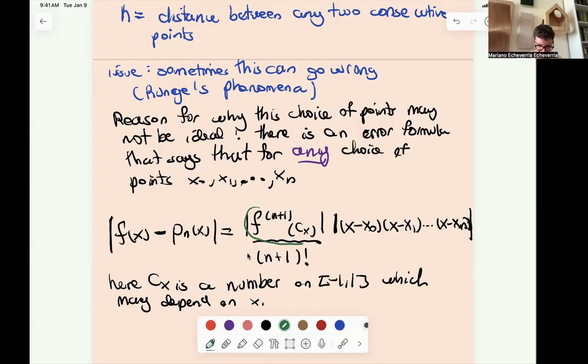Let me just emphasize this. This you don't control, because the function is what it is. Its n plus one derivative will be what it is. You cannot do anything about that.